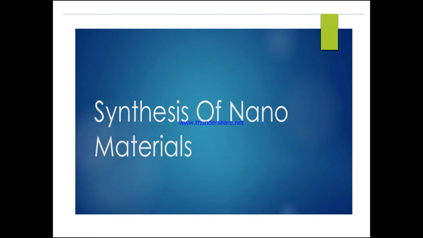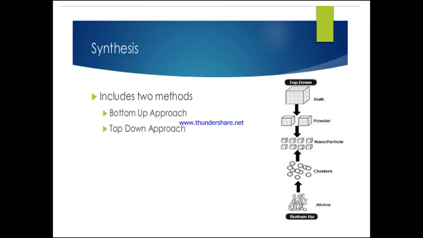In the last session, we discussed the different types of approaches used for the synthesis of nanomaterials, that is, the top-down approach and the bottom-up approach. In the top-down approach, the bulk material is converted into nanoparticles.